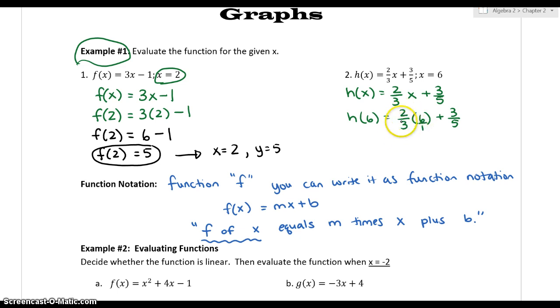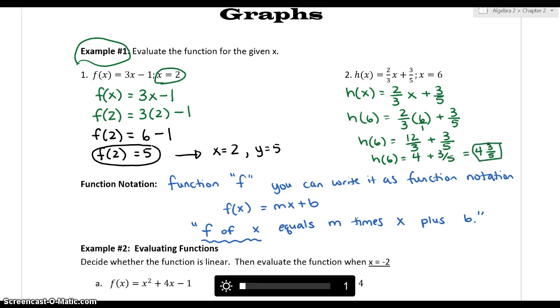And we get h of 6 equals 2 times 6 is 12 over 3 times 1 is 3, plus 3/5. Then h of 6 equals 4 plus 3/5. So we can say that is 4 and 3/5 if we want to leave it as a mixed fraction. Alright, well done.